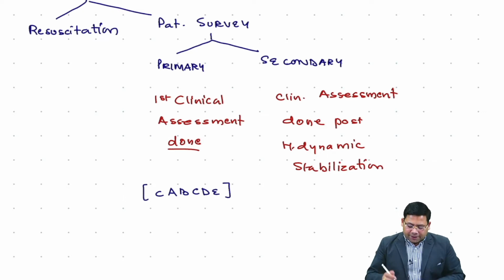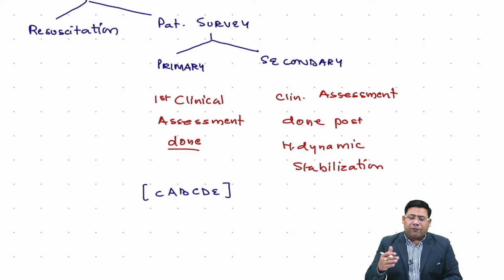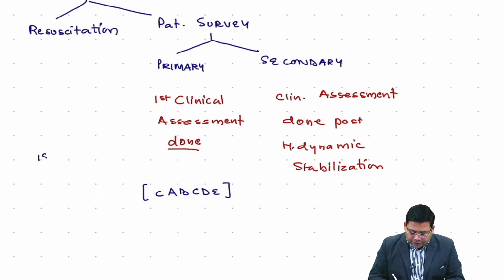Your priority in any survey is to make the patient come out of danger, so any life-threatening injury should be ruled out. Before you start with any survey, the first thing is to stabilize and secure the airway.